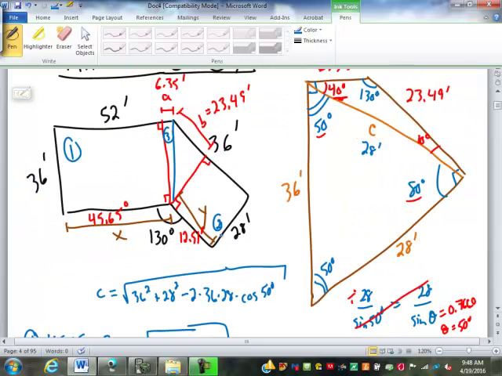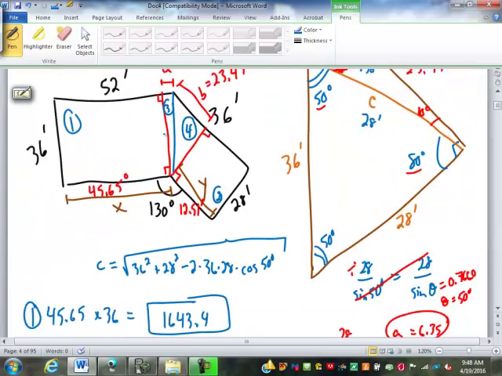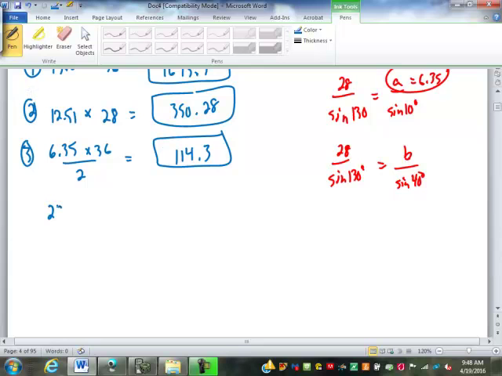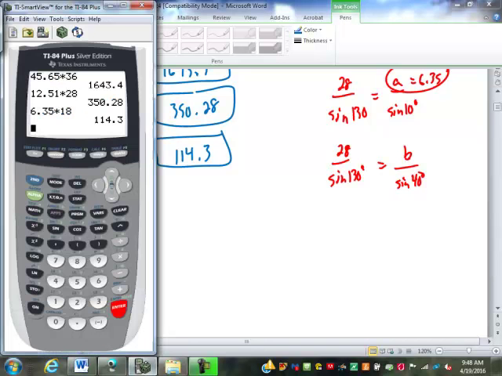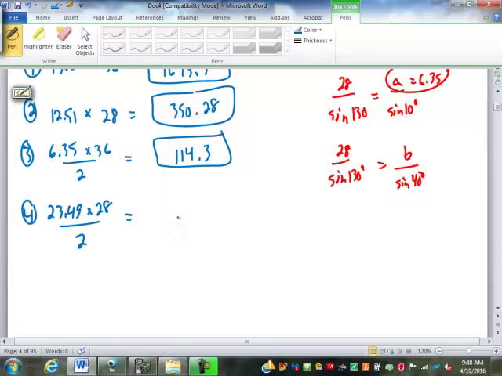And area 4 here, which is 23.49 times 28 over 2, gives us 328.86.